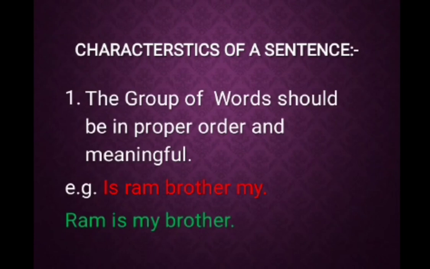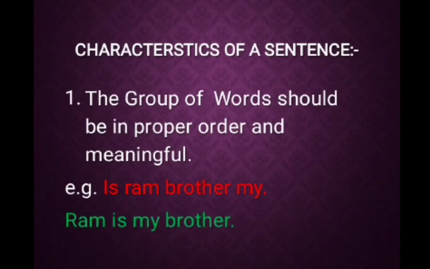First, the group of words should be in proper order and meaningful. We can better understand by the given example. As in the first example, is Ram brother my? Of course, this is a group of words, but children, does it create any meaning?